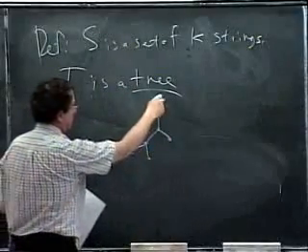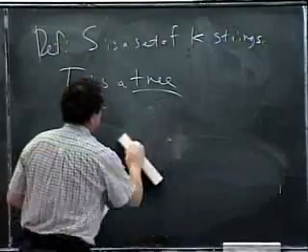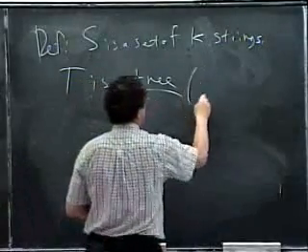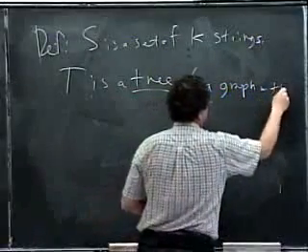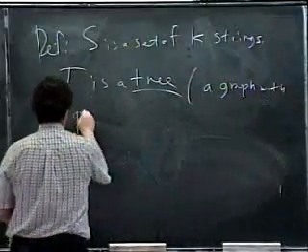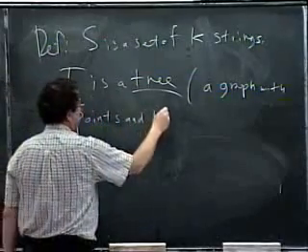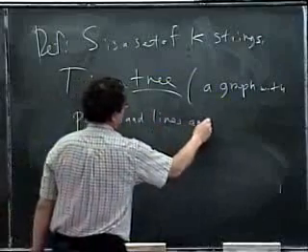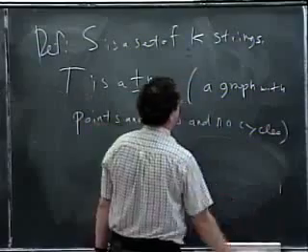Points and lines, which form a tree that has no cycles. A graph with points and lines and no cycles. That's what a tree is.